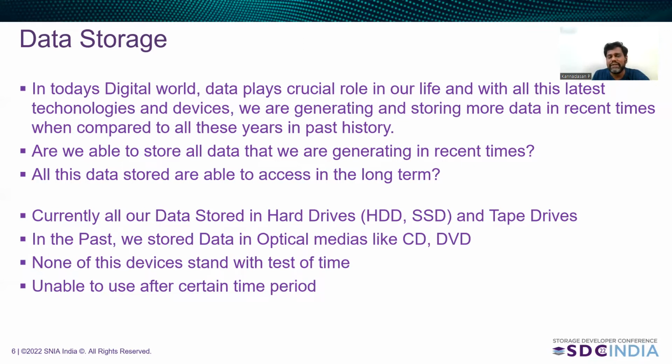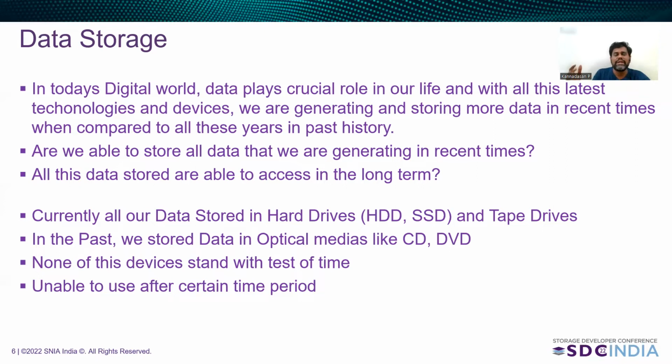Currently, all our data is stored in hard drives, either HDD or SSD, and tape drives. And in the past, we also stored the data in optical media like CD and DVD. But none of these devices stood the test of time. We can retrieve the data for a certain amount of time, but in the long term, we can't retrieve the data.